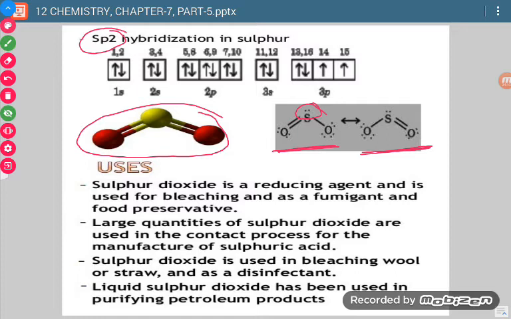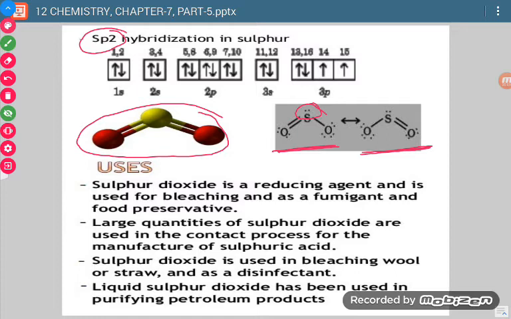When there is sp2 hybridization in sulfur, there is one lone pair in one hybridized orbital, and the other two contain single unpaired electrons. Those single unpaired electrons make bonds with the oxygen atoms, and the lone pair in the hybridized orbital is seen on the sulfur as a lone pair.